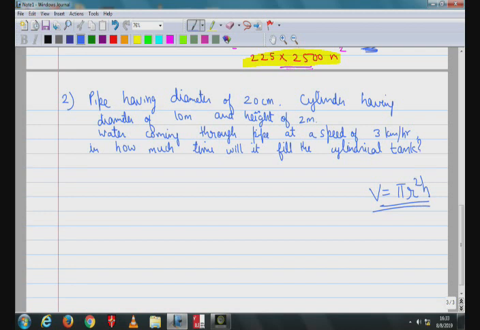Shillong, what's your answer? Are you getting it? You have to take special care of the units while solving this.